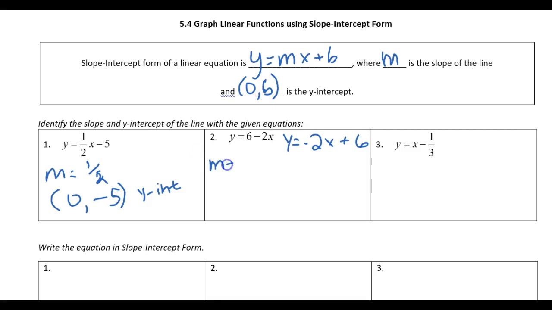I'm going to put m equals -2, and our y-intercept in this one is +6. So I'm going to write my ordered pair as (0, 6).